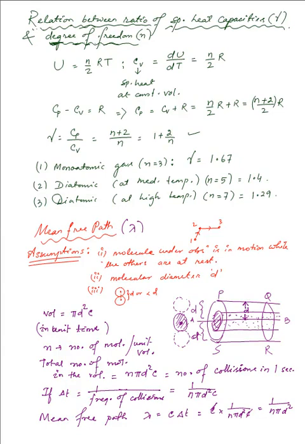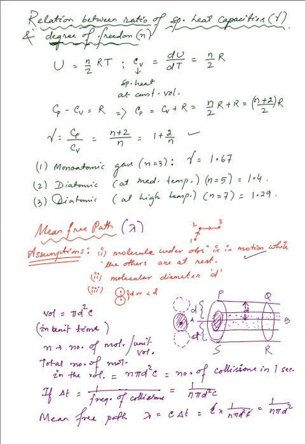Now as I mentioned, the assumption that we have taken, that the molecule under observation is in motion while the others are at rest, was put to rest by Maxwell on the basis of his velocity distribution results.